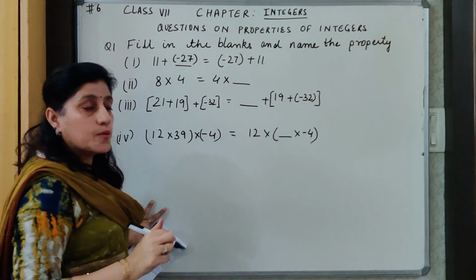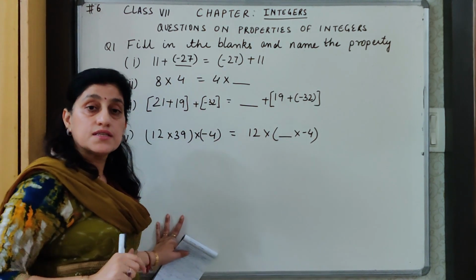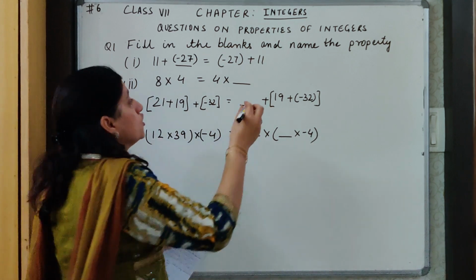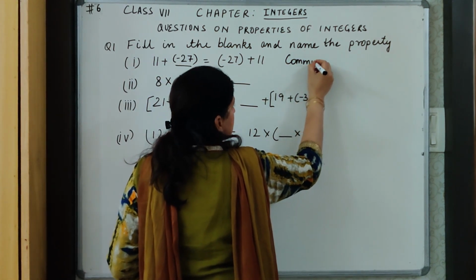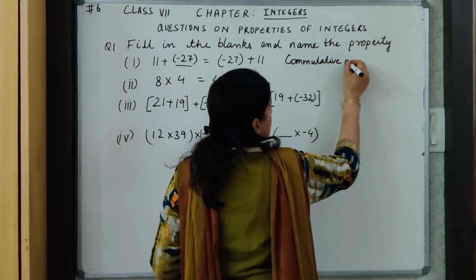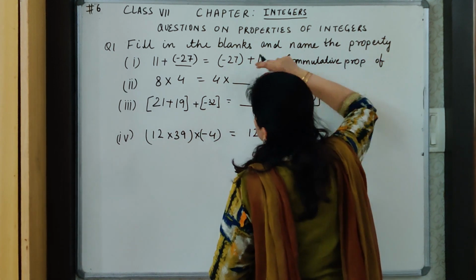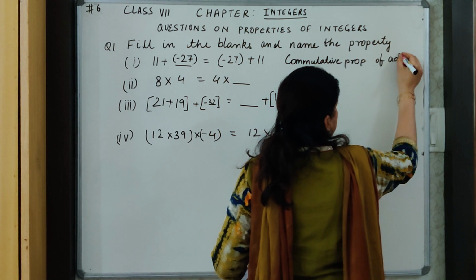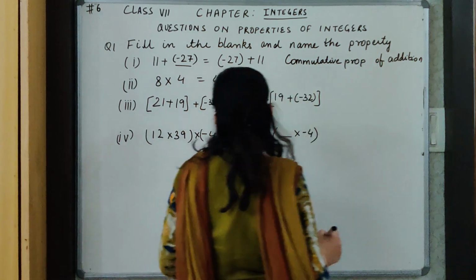And what is this property, that a plus b is equal to b plus a? This is referred to as the commutative property of addition. This is the answer to this.